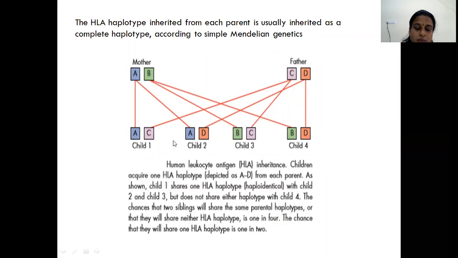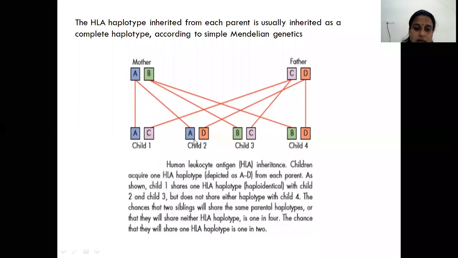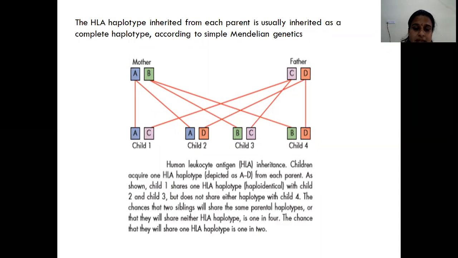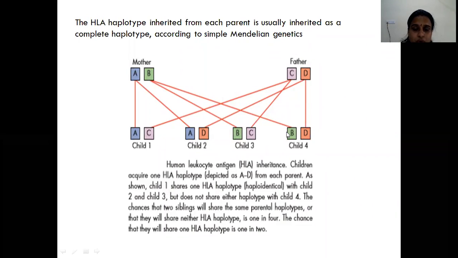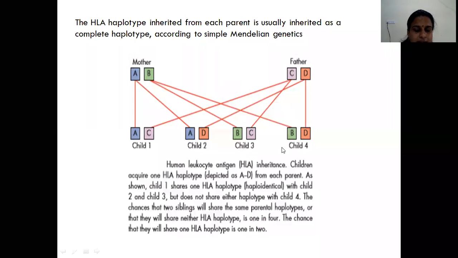A can be repeated once or twice, for example. Similarly, with the same parental haplotypes, that is A and B, this sharing can be as much as 1 in 4. Okay, so all this is not actually very important.